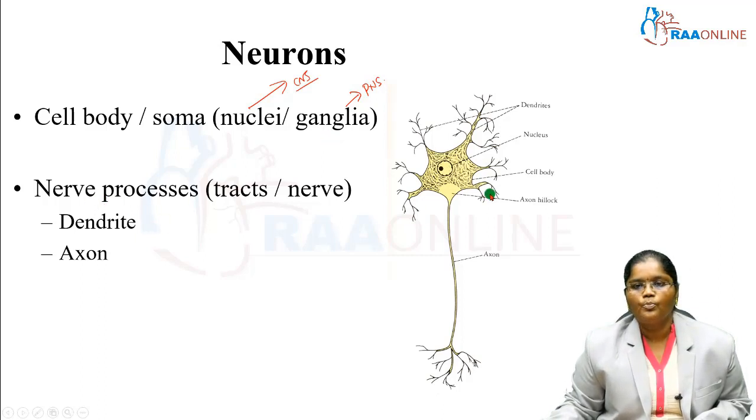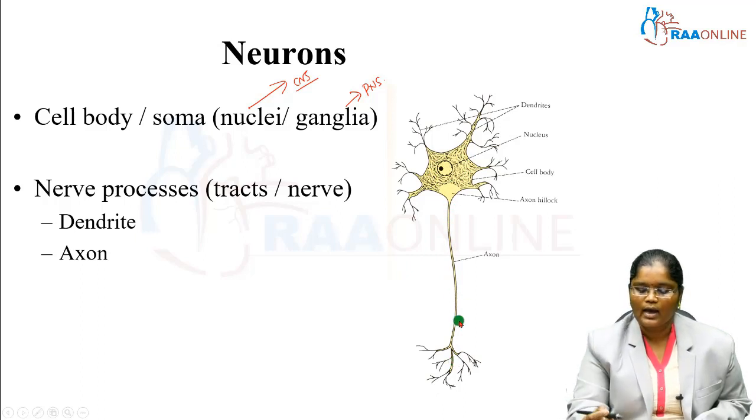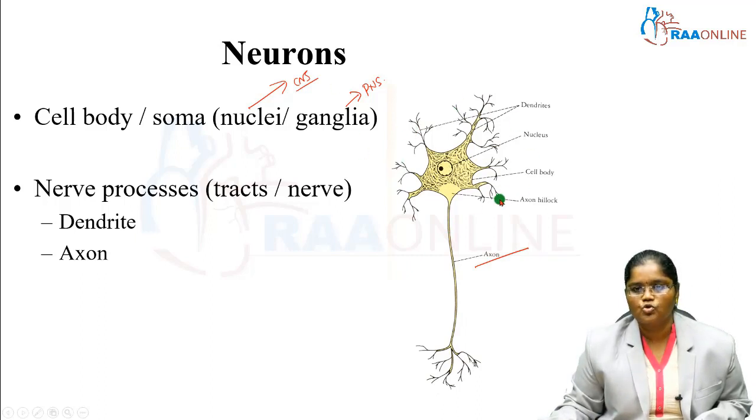Now coming to the nerve processes, the projections from the cell body. This is a long, single process descending downwards; it is called the axon. Whereas there are multiple processes projecting from the soma or cell body; they are called dendrites.